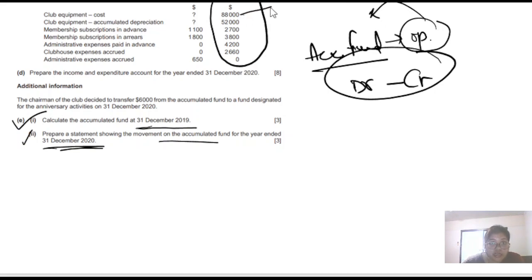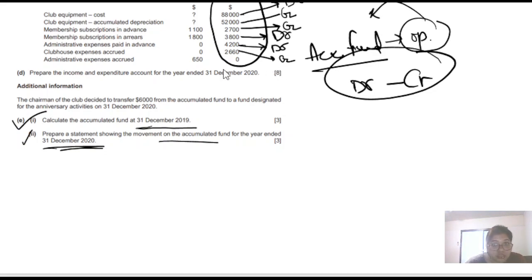So 88,000, because this is your assets, having a debit balance, accumulated fund having a credit balance, then membership in advance, credit balance, then membership in arrear is your debit balance, then clubhouse expenses accrued, again credit balance. And this is 0.